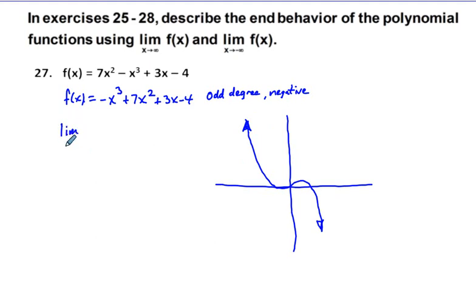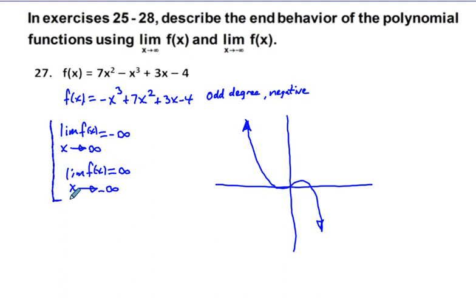So the limit as x approaches infinity of f of x is equal to negative infinity, and the limit as x approaches negative infinity of f of x equals positive infinity. So that's going to be it.